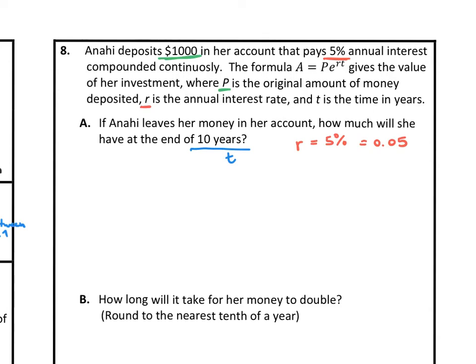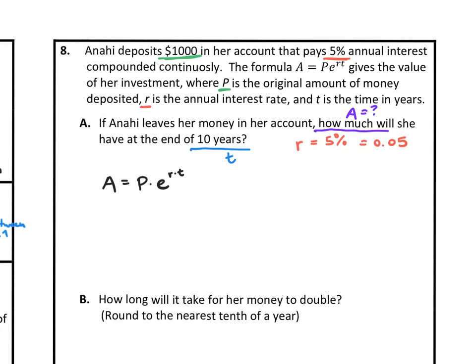Okay, so let me just copy the formula that we're going to be using. A equals P times e to the power of r times t. We're interested in how much money she will have at the end of 10 years, so we're looking for what A equals.